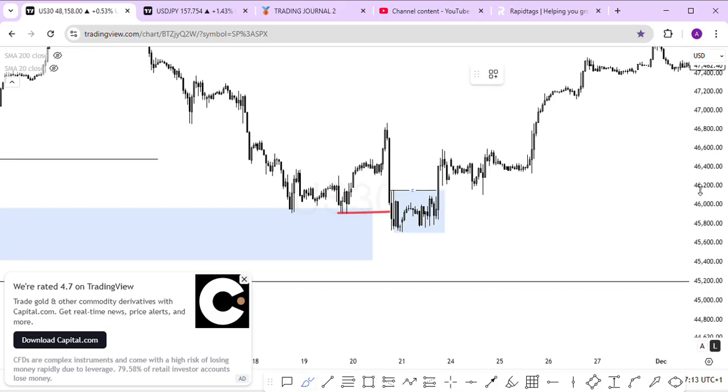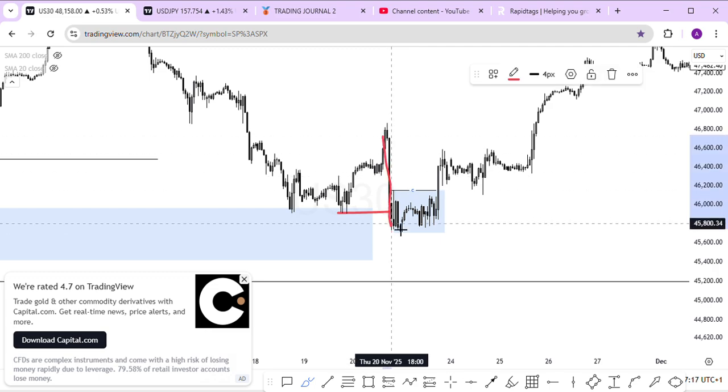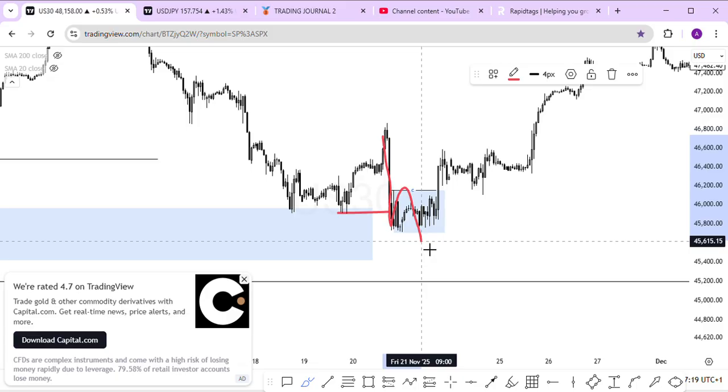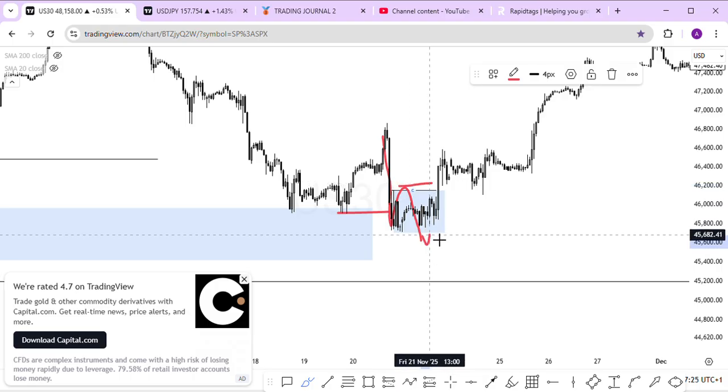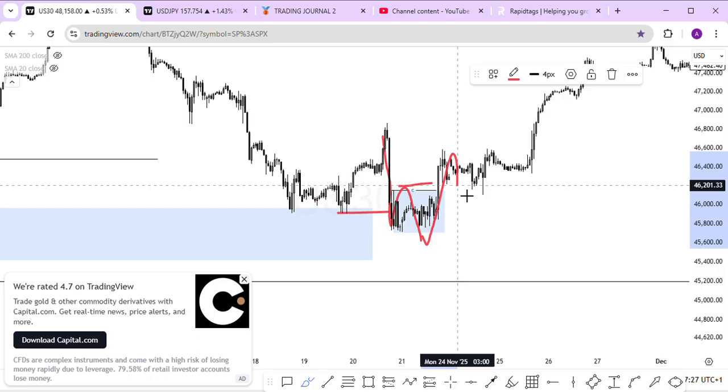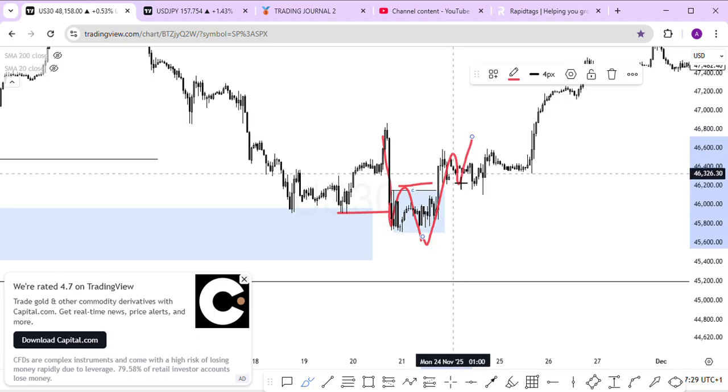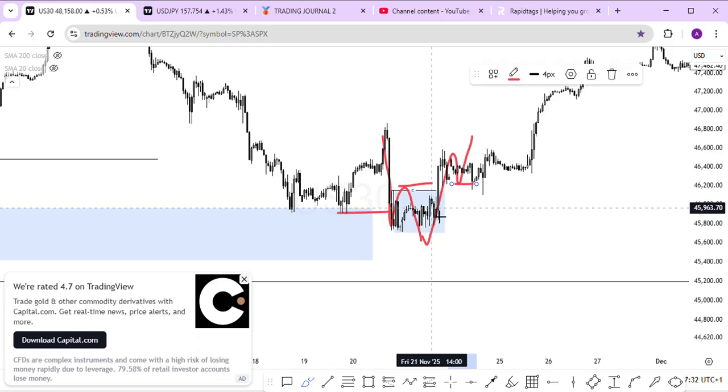Another scenario is when you have a situation whereby market mitigates your POI like this, push back. So if you don't want to be aggressive, you allow change of character to happen by market come up like this. Then let market create inducement and go like this. Then you use this as an inducement.